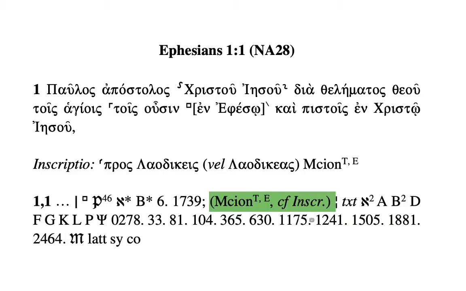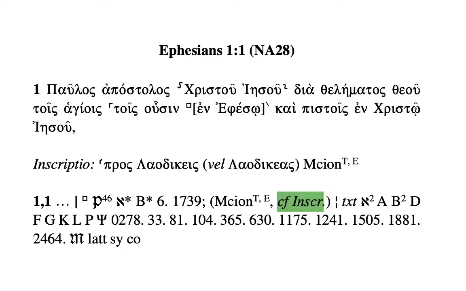So if you look at the introduction to the Nestle-Aland, you can find page 81 that specifies we have a witness to Marcion through Tertullian and Epiphanius, and he is an early testimony of the omission of ἐν Ἐφέσῳ.